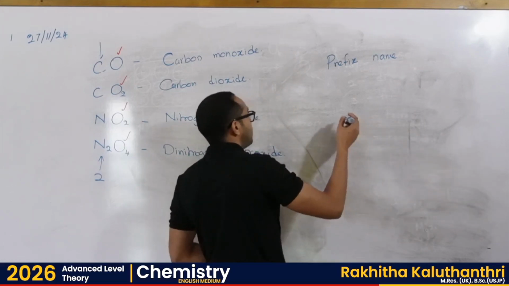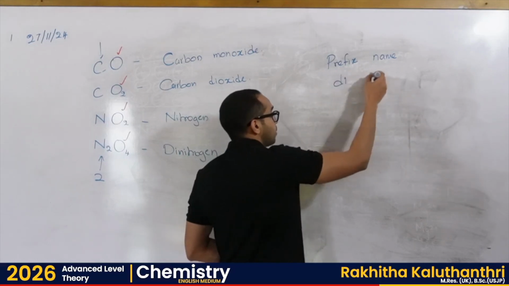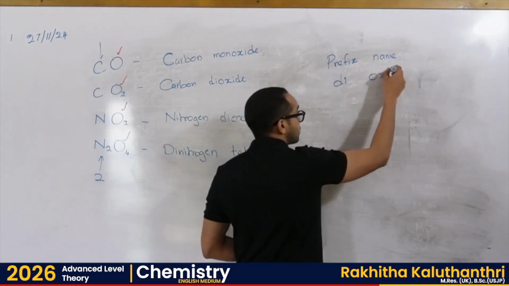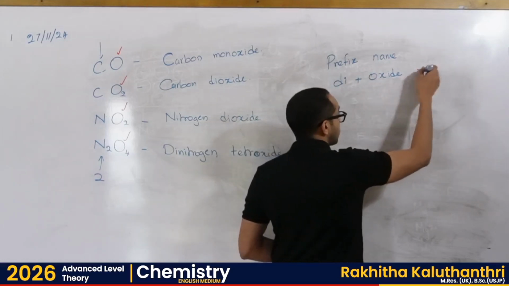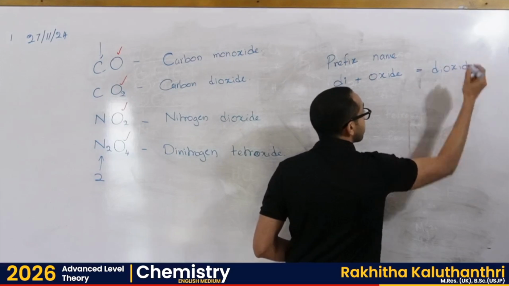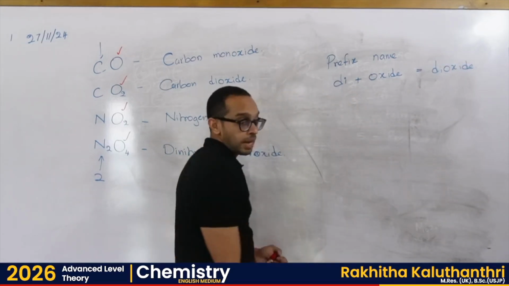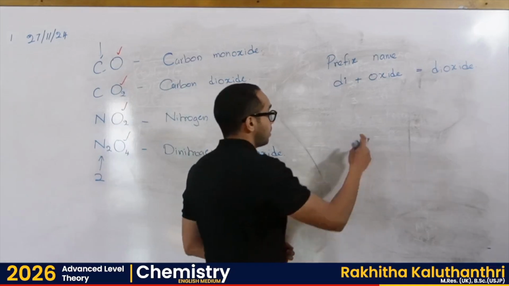So for example, when it comes to carbon dioxide, we wrote dioxide. When we add these two together, we wrote the word dioxide.